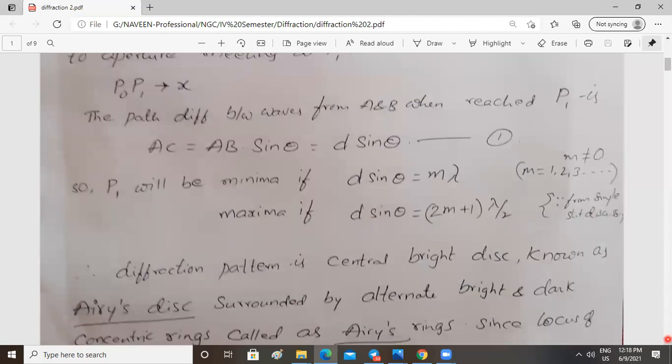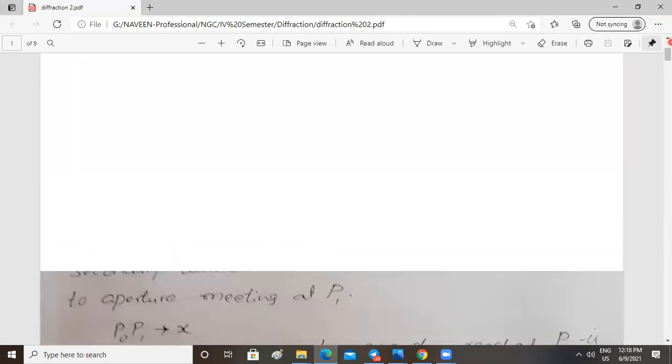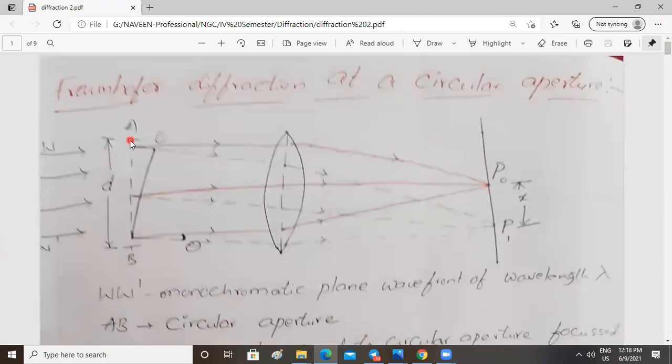Now the thing is, AB is a circular slit. In this slit, consider the points having the same distance. Suppose between A and B we have n number of points.